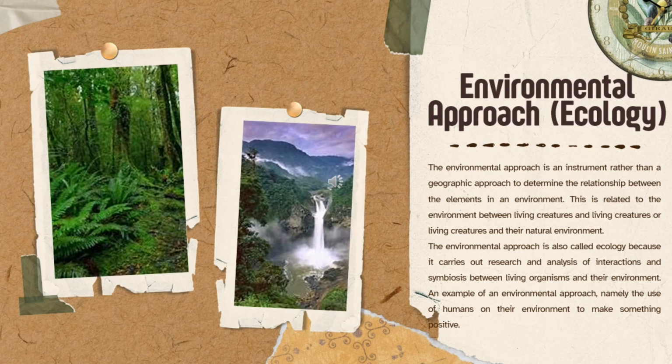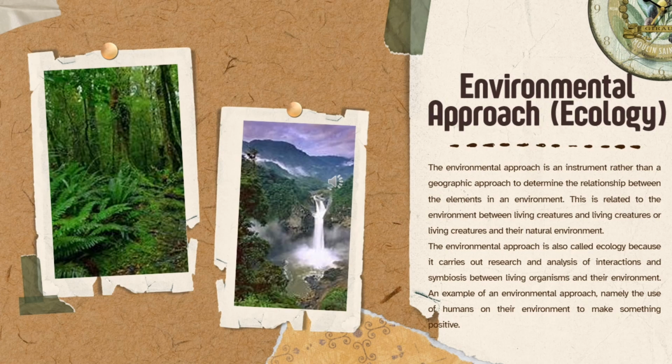The environmental approach is also called ecology because it carries out research and analysis of interactions and symbiosis between living organisms and their environment. An example of an environmental approach, namely the use of the environment by humans to make something positive.